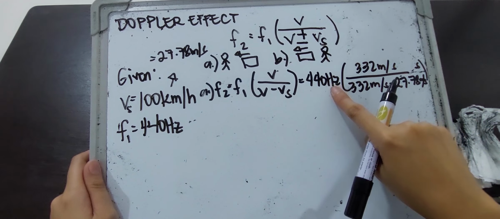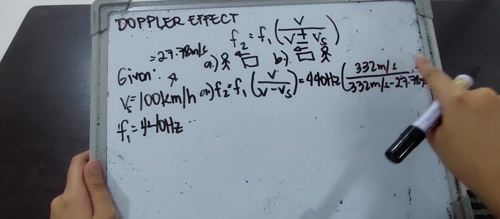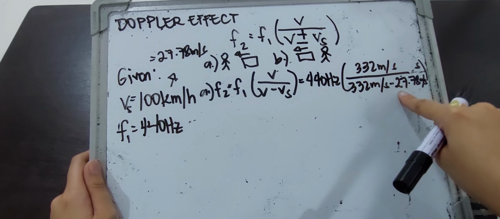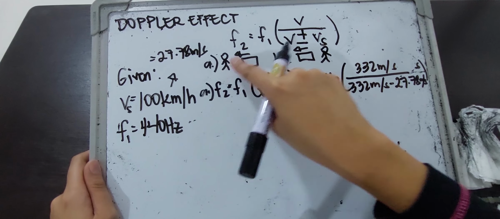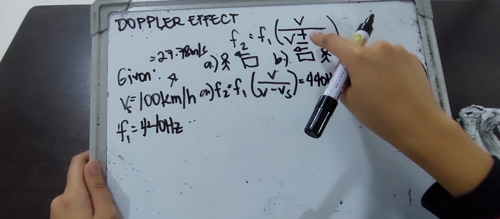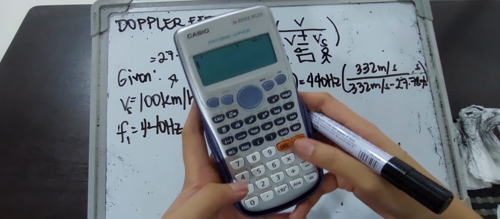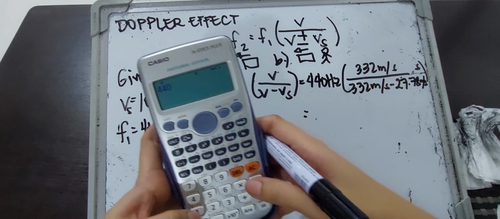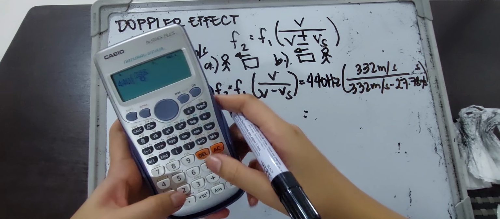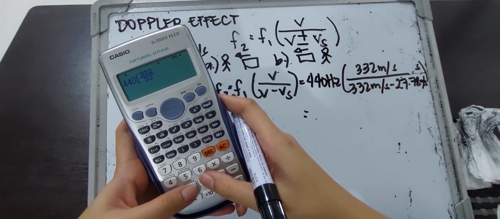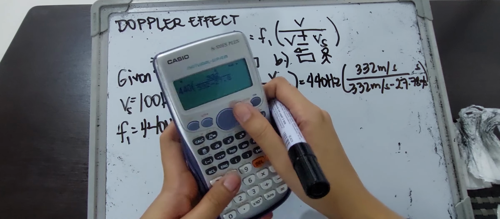Okay, so 440 hertz times 332 meters per second. Again, this is the speed of sound divided by 332 meters per second minus, bakit minus? Kasi the source is moving towards or papalapit sa observer. Pag papalapit, minus. So, let us encode this in our calculator. 440 hertz times 332 divided by 332 minus 27.78.